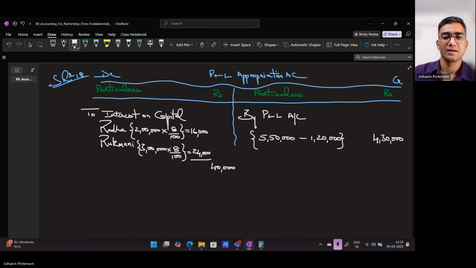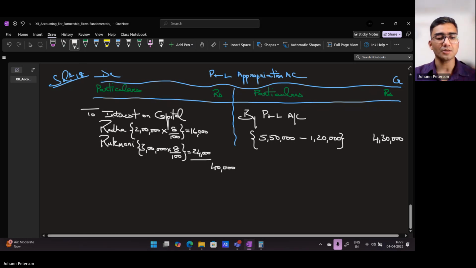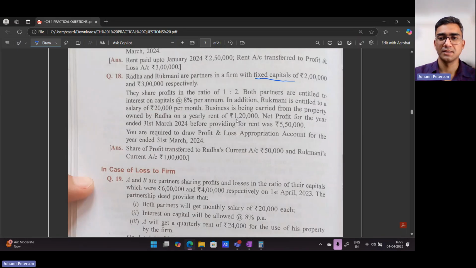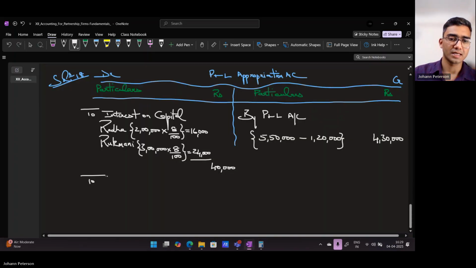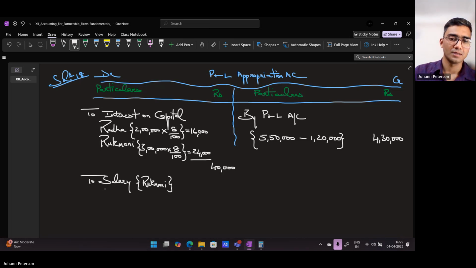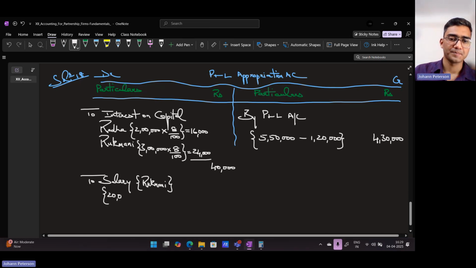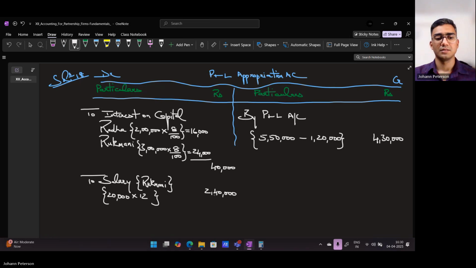Okay. After this, what else are we given? Rukmani is entitled to a salary of 20,000 per month. So to salary, this is for Rukmani. So 20,000 into 12. 12 twos are 24. So 2,40,000. Anything else?